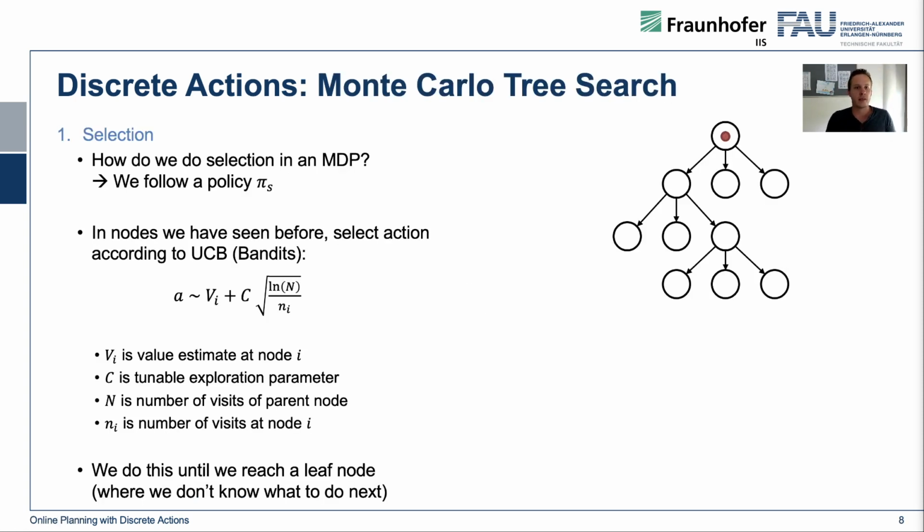So the first step is the select step. So the question is, how do we actually do a selection in NLP? We follow some search policy bias. It is not that trivial to just select the action to go down the tree, because we have seen also in other examples that we have an exploration problem.